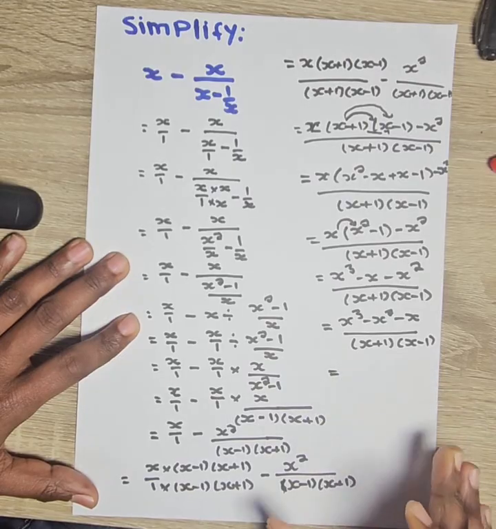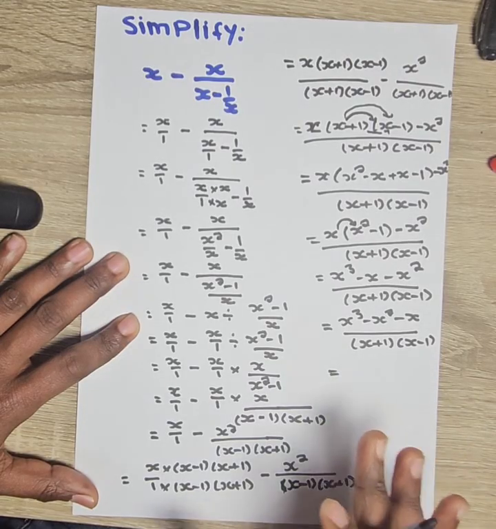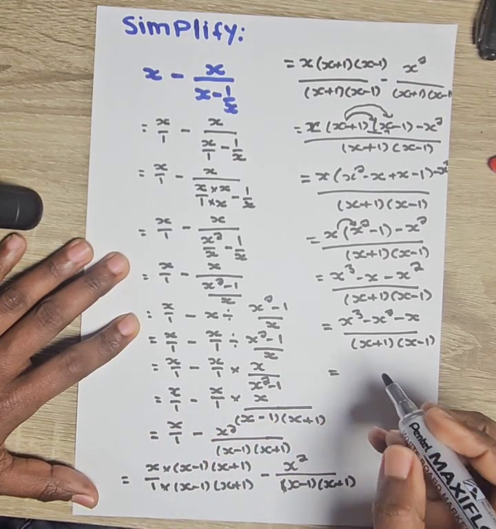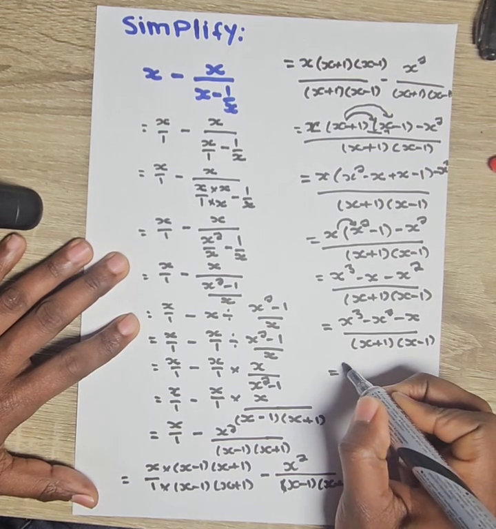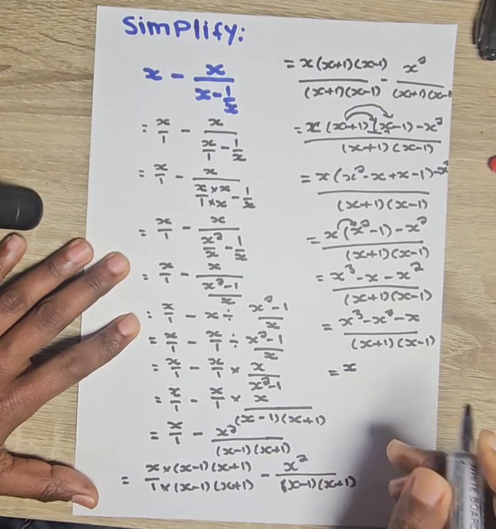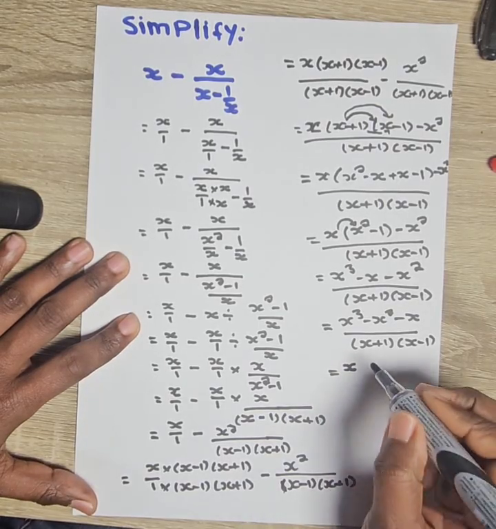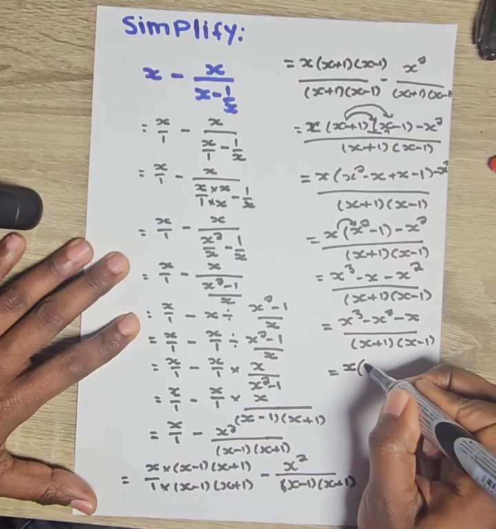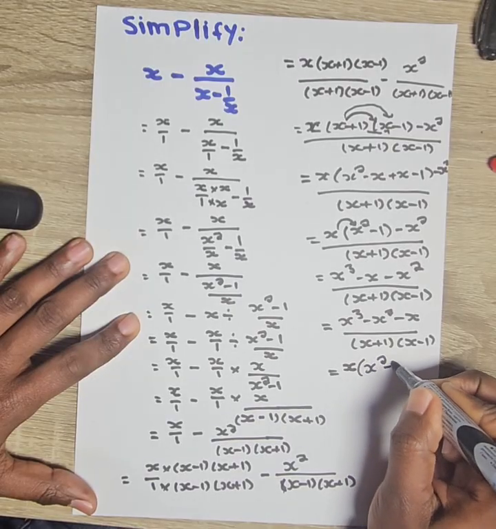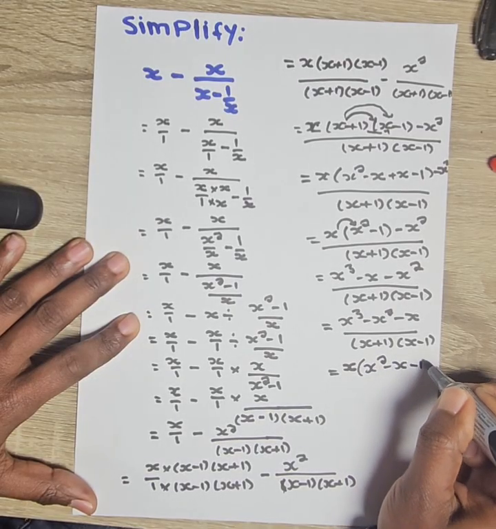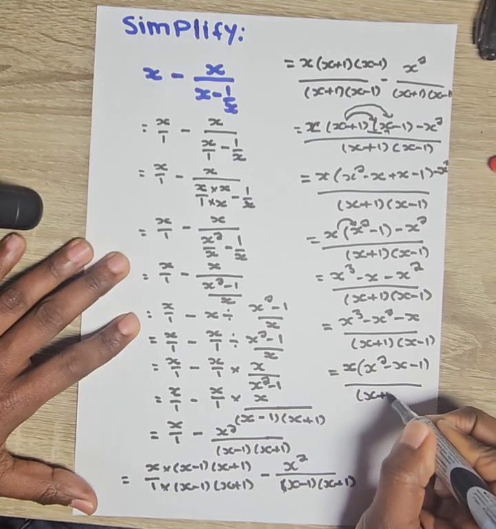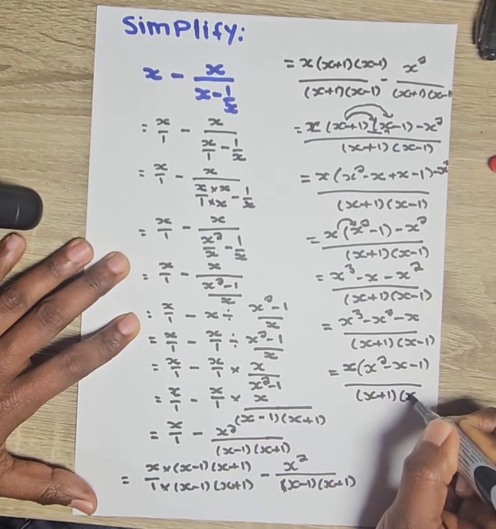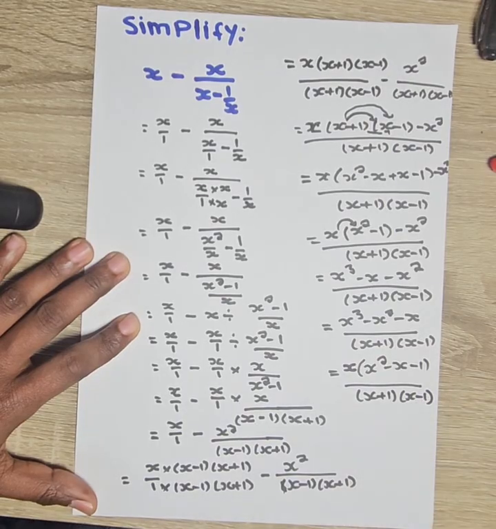Now, on top we have all x's. We therefore need to simplify further, which means we're going to take out the common factor, especially the highest common factor, which is x. And then inside the bracket we will be left with x square minus x minus 1 over x plus 1 x minus 1.